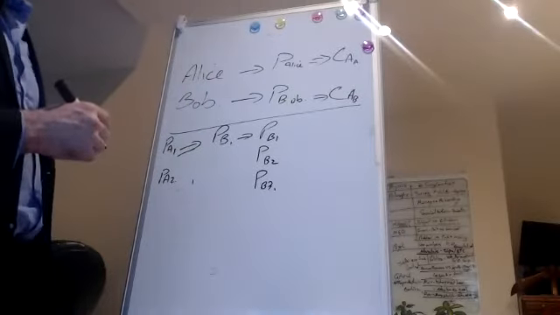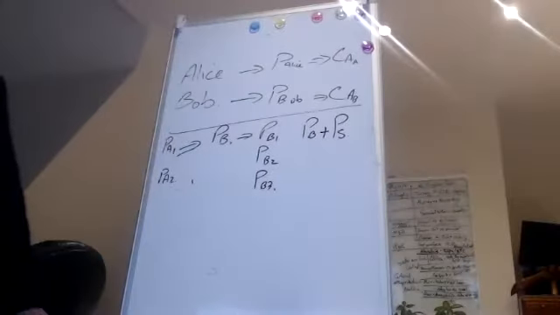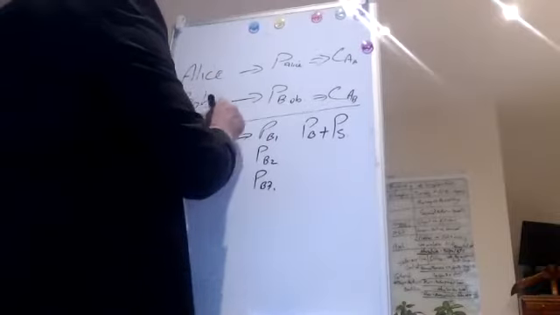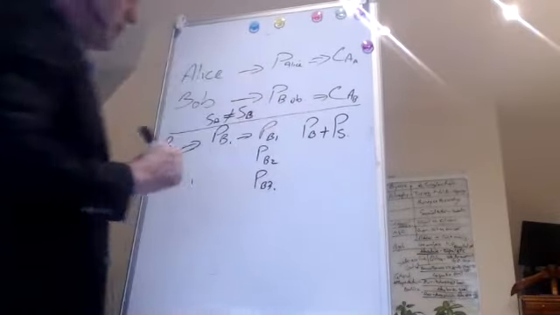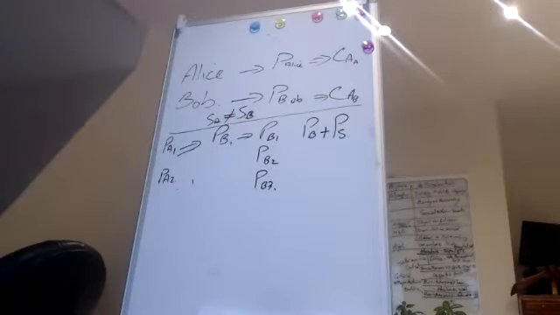Now, the way we want to be able to do this is something like PB plus PA plus S, where S is a secret, not the secret from A, SA does not equal SB, but S, a shared secret that we are able to create between the two individuals. Yeah, using the Diffie-Hellman exchange earlier. Correct.